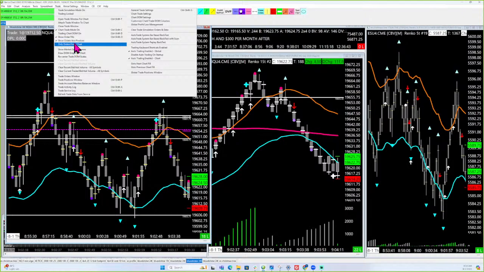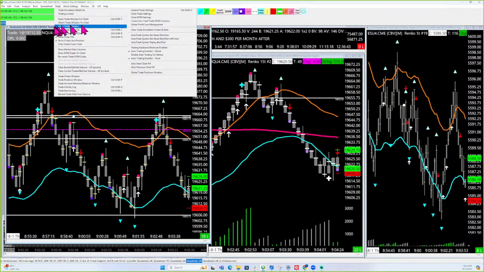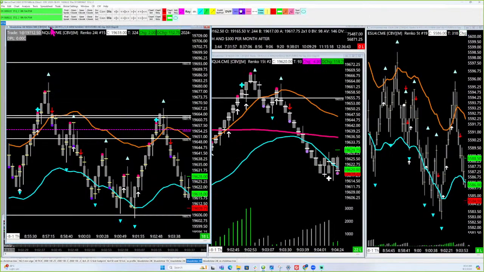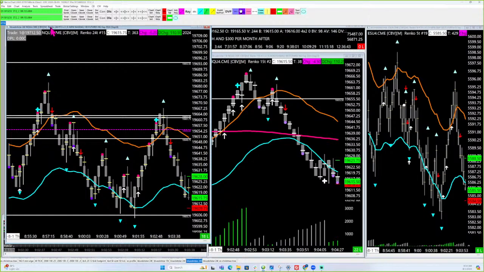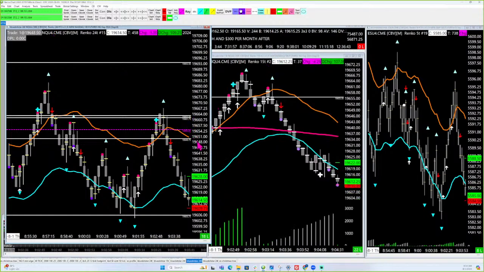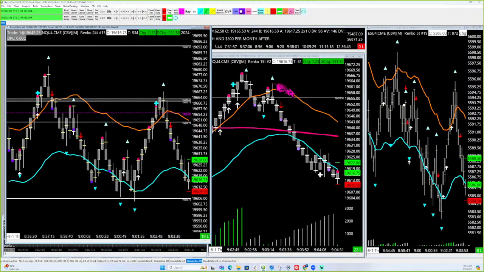Show order fills, show orders and positions. I don't understand. Took a trade. It should show the trade. I shorted it right here.